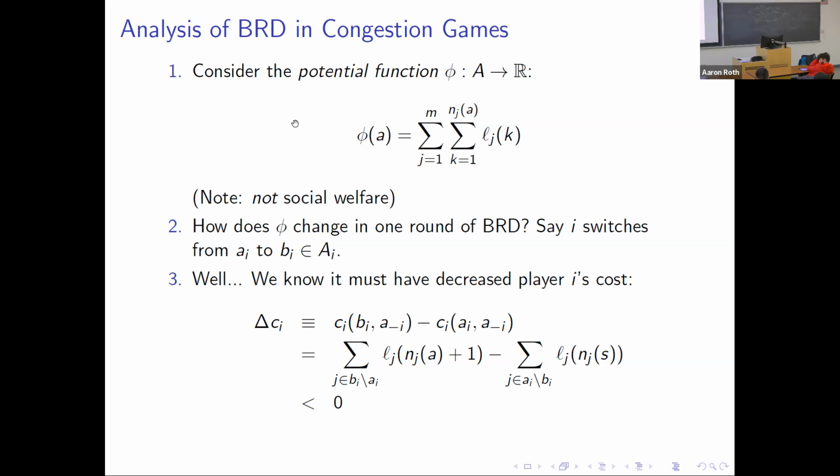Okay, so I can write my change in cost if I, in one round of better response dynamics, have switched my action from AI to BI like this. The sum over all of the facilities I moved on to, taking into account that there's now 1 more person on them, minus the sum of all of the facilities that I moved off of at their load yesterday.